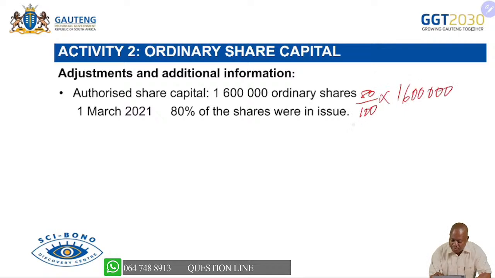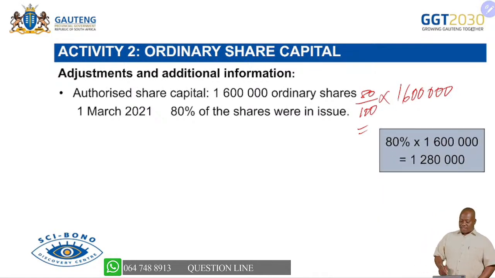That's it. And it's going to give us the number of shares that are in issue when the year starts. So we are going to get 1,280,000. Any problem with this one? I don't think there is.